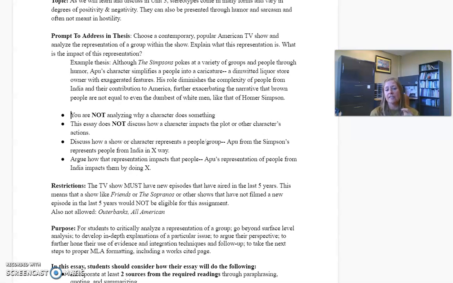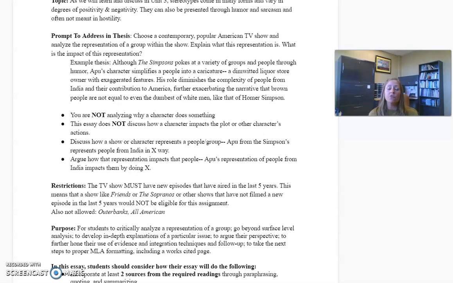And it just exacerbates this idea that even Homer Simpson is above Apu, okay? So that's the representation, and then what is the impact of it is the exacerbation of that brown people are not equal to, okay? So that's how you would break down this prompt and ultimately create a thesis statement.